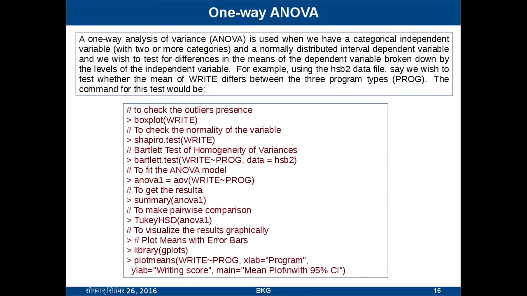Now come to the ANOVA analysis. One way ANOVA is used when we have a categorical independent variable with two or more categories and a normally distributed interval dependent variable, and we wish to test the differences in the means of the dependent variable broken down by the levels of the independent variable.